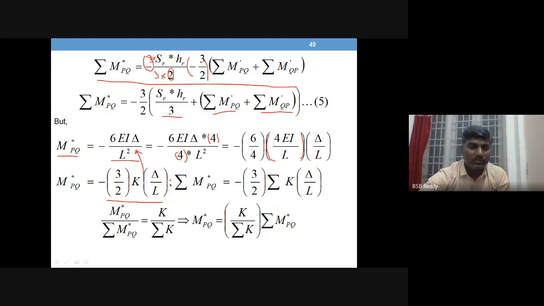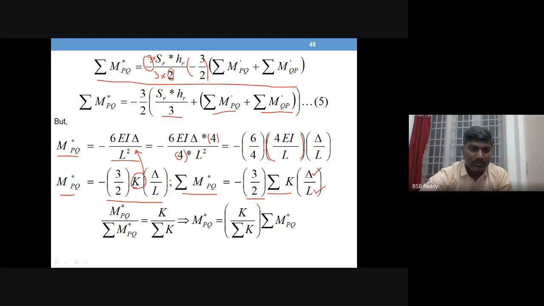But to have the form of minus 3 by 2, we are formulating like this. Similarly, all such columns will have the similar expression. Minus 3 by 2 is common. If you add all k values, it will be sigma k. Delta is same for a particular story, and height is same. L is nothing but height of the column.